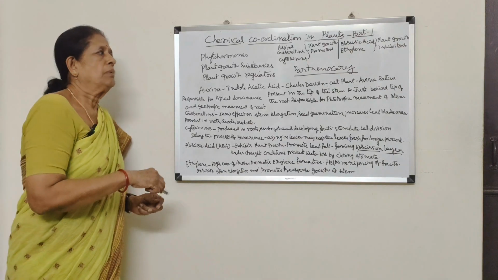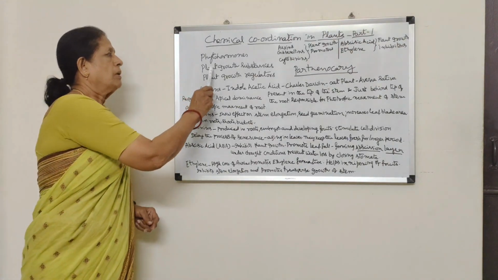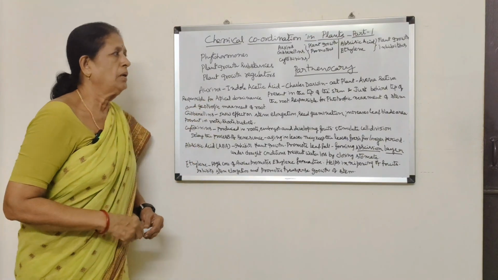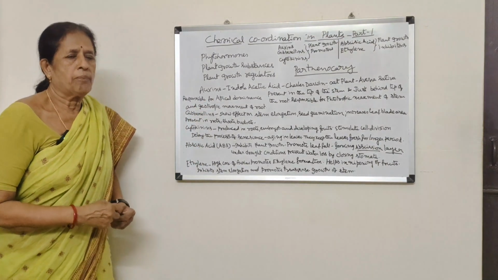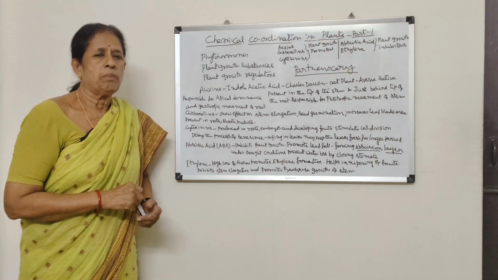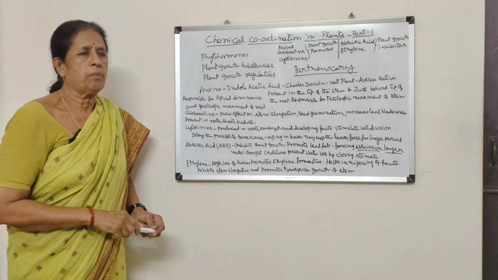Such chemical substances are called phytohormones, or plant growth substances, or plant growth regulators. They are secreted in different parts of the plant, and they regulate the growth of the plant.